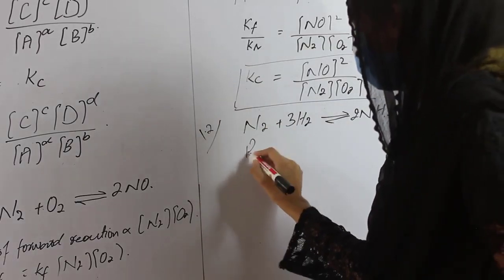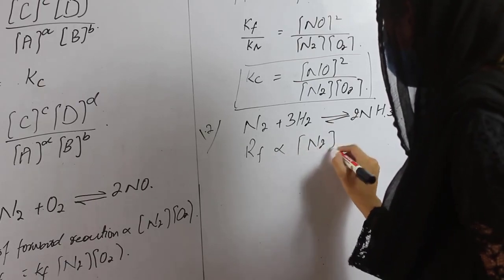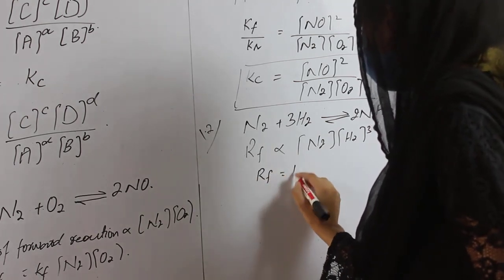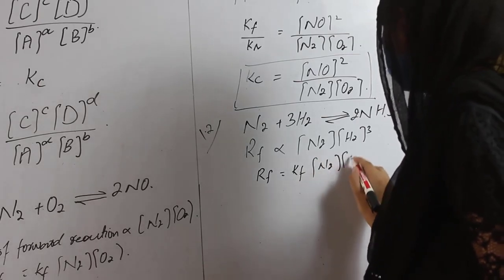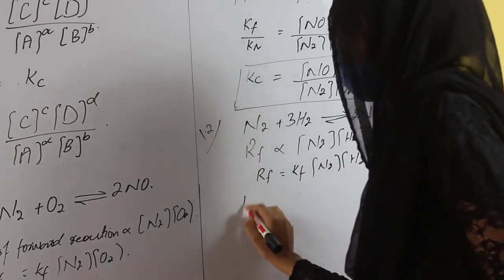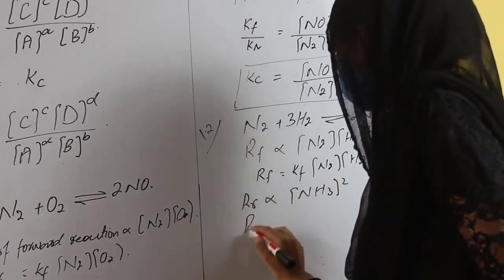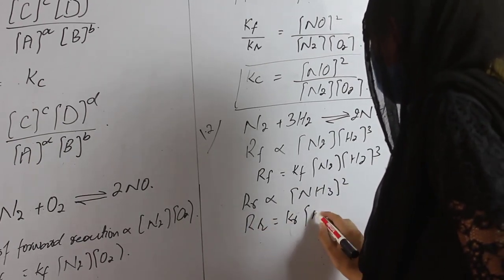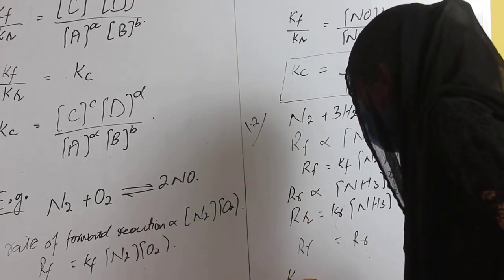First of all we calculate the rate of the forward reaction, that is directly proportional to the reactants. The proportionality sign is removed and the new sign is the equal sign with the constant of the forward reaction. The rate of the reverse reaction is directly proportional to the product. The rate of the reverse reaction is equal to the constant of the reverse reaction times the products. At equilibrium position the forward and the reverse rate are equal, by putting the values.